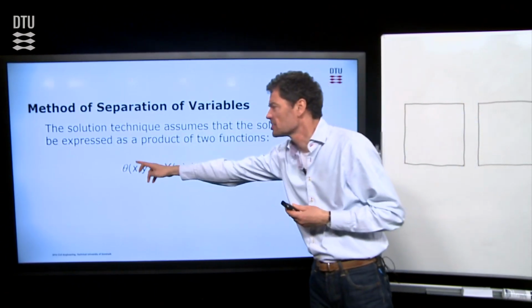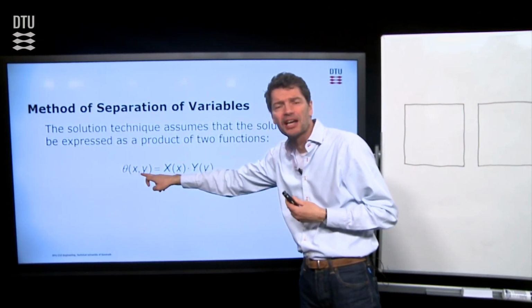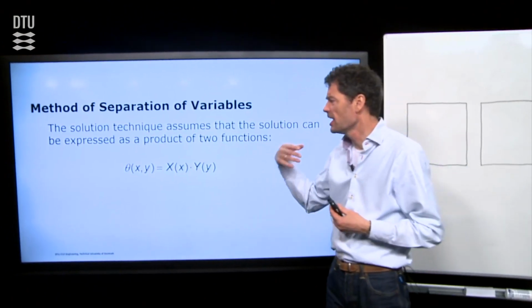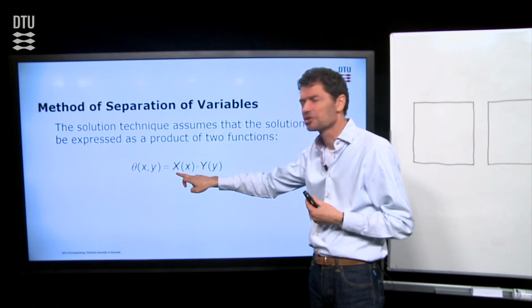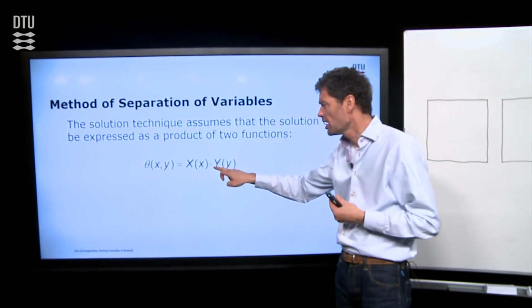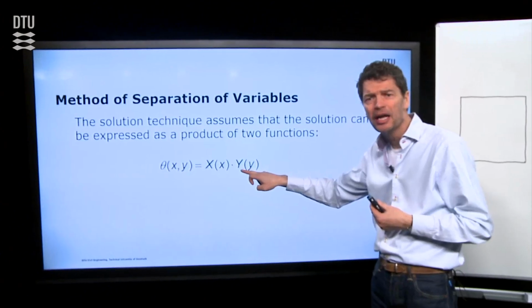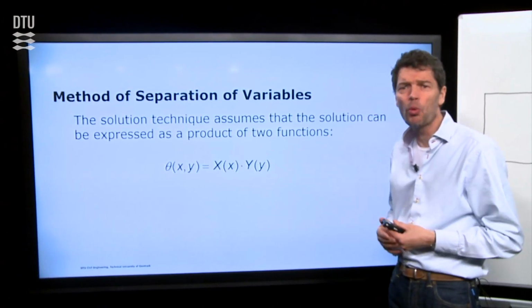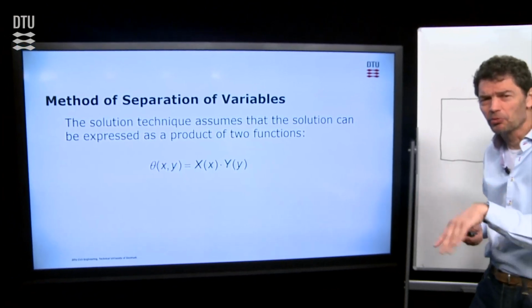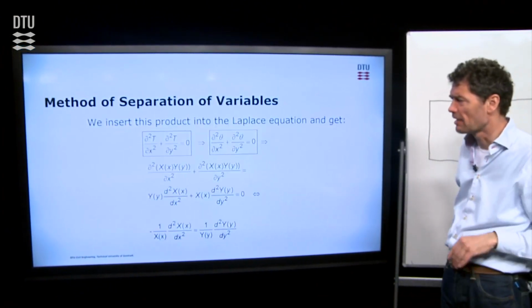We assume that the temperature we're looking for at any point x and y in the domain where we are going to calculate it, can be taken to be a product of a function capital X, which depends only on x, multiplied with another function capital Y that depends only on the coordinate y. And that's just the assumption, so let's go forward with what the clever people from textbooks have written.